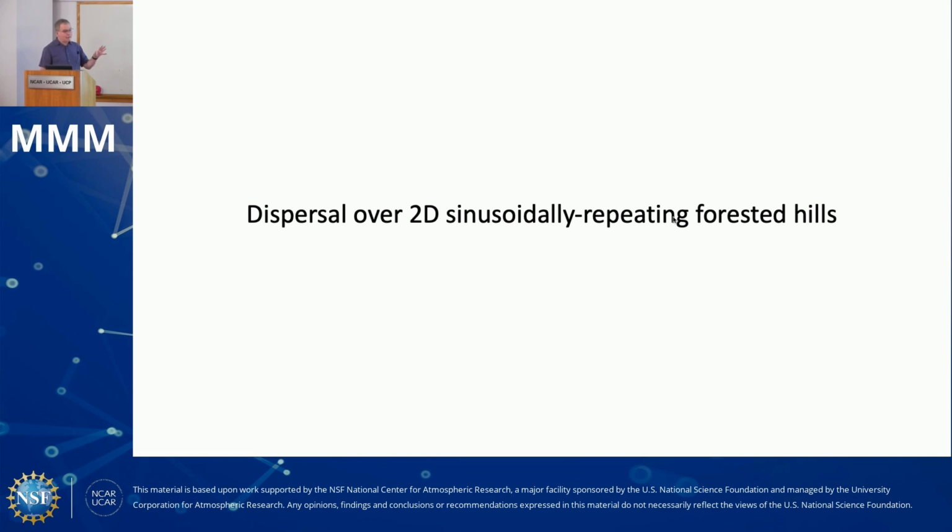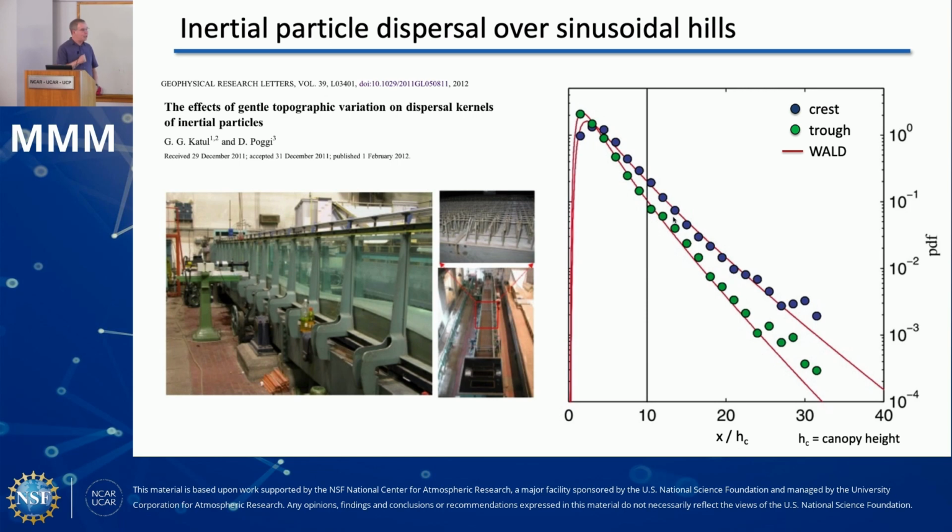So this has been used a lot for flow over sinusoidally repeating 2D hills. So this is a water flume experiment by Gabby. They're looking at flow over these sinusoidally repeating hills that they then placed plants on top, which is basically just rods to slow the water down, through a fixed depth.